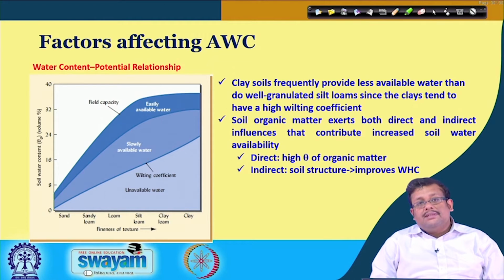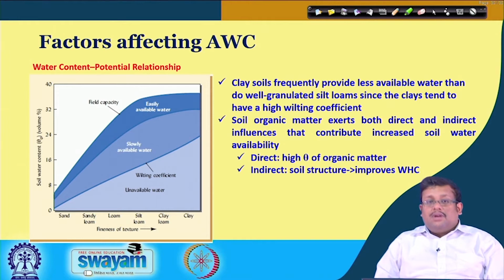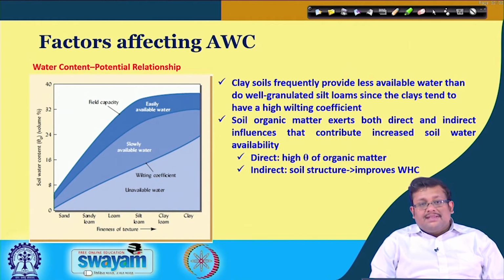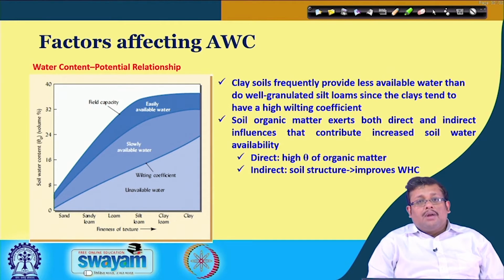We talked about field capacity, permanent wilting point, hygroscopic coefficient, what is available water content, plant available water content, what is unavailable water, what is gravitational water, and then we discussed the factors which affect this available water content in the soil. So we talked about soil texture. Now we shall also talk about some other factors, and then we'll move to our next topic.